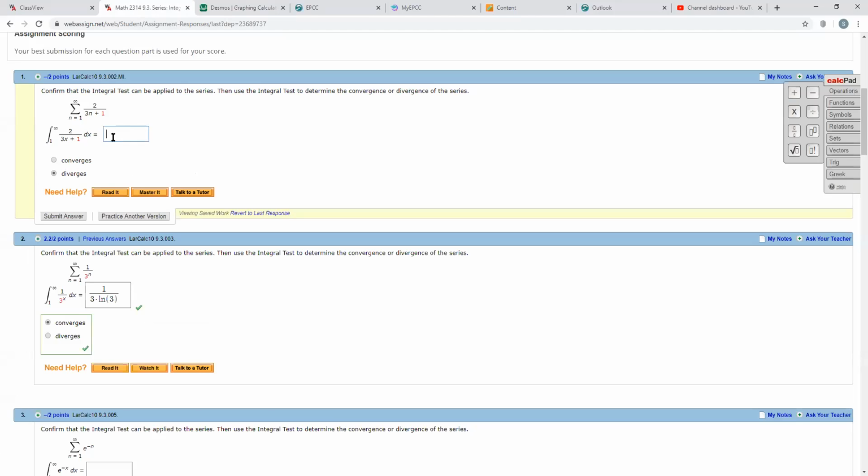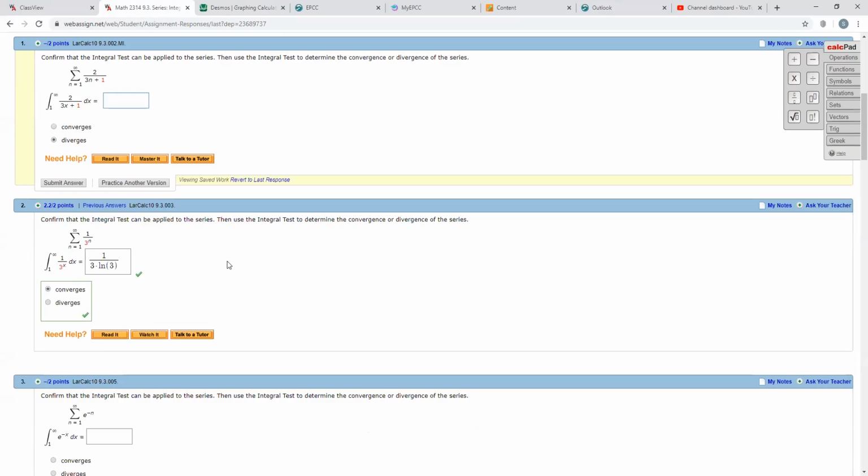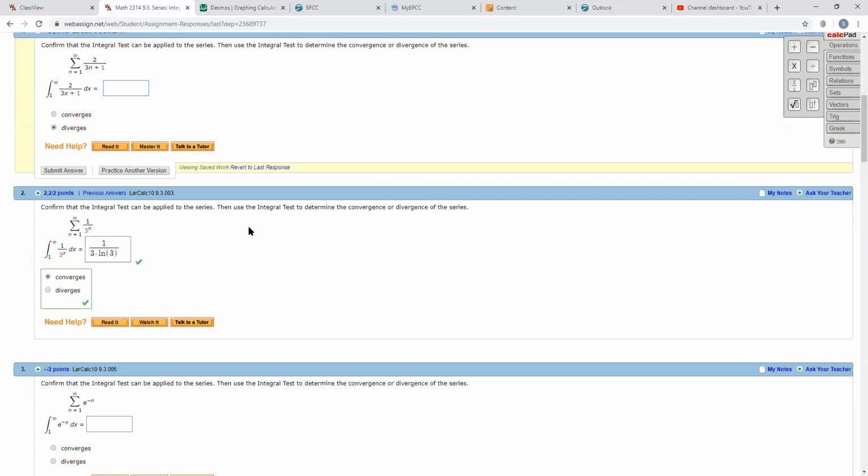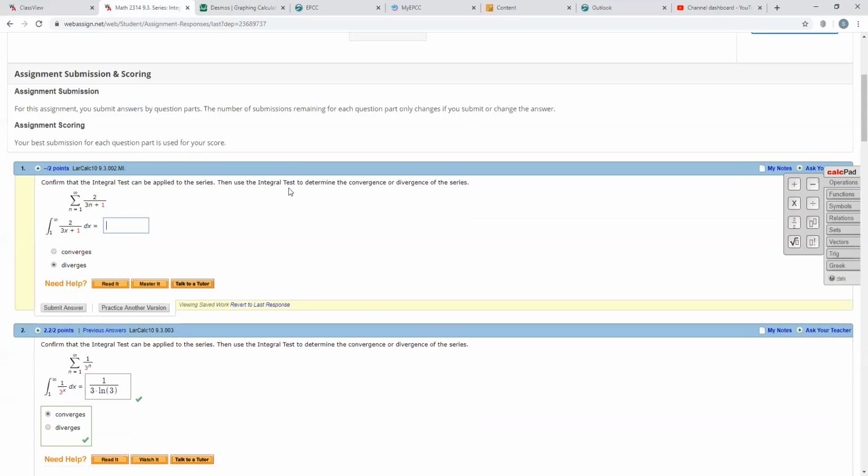So they might want us to type in the word diverges here or put infinity, and I think somewhere along the way they gave us one where we had to put infinity. But this one, what do they want us to put? Infinity. Oh, you're right. So here they do want us to leave it as infinity.